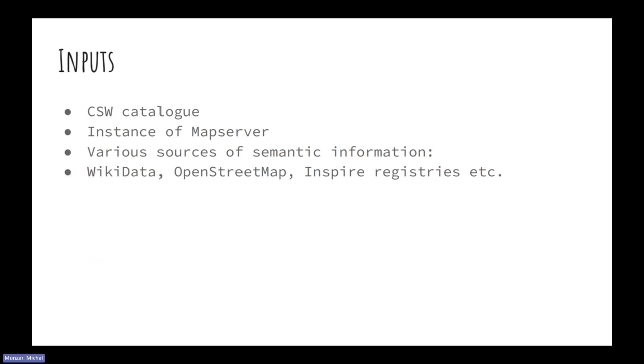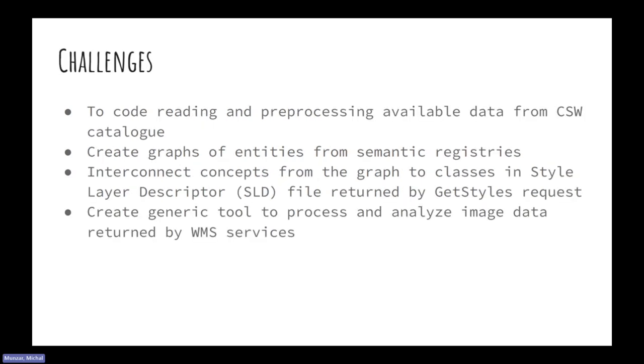So if we speak systematically, the new inputs that we create here are the CSW catalog with metadata, then an instance of a map server that creates WMS services, and then various semantic information that puts it all together.